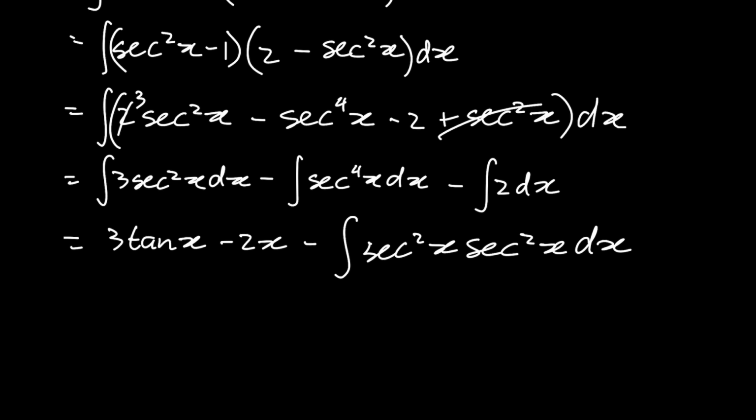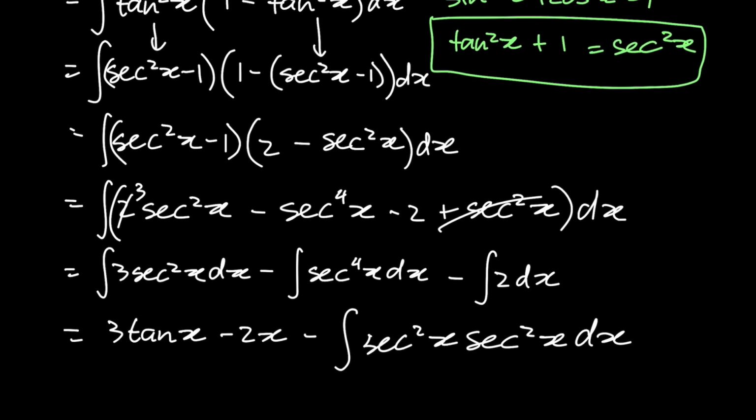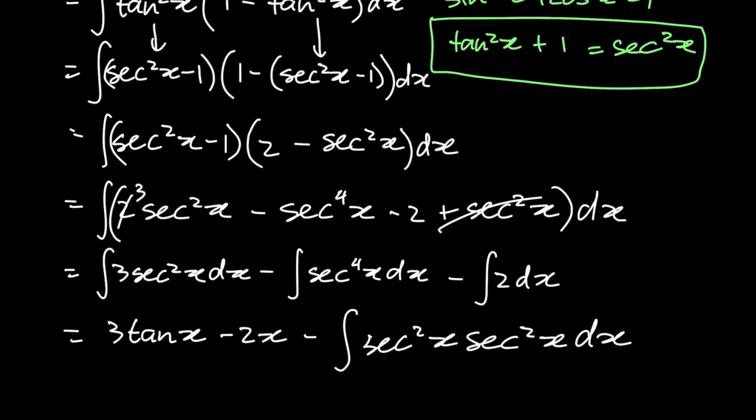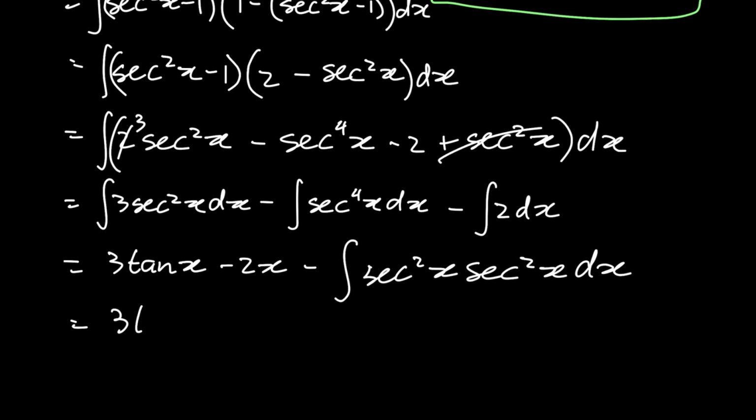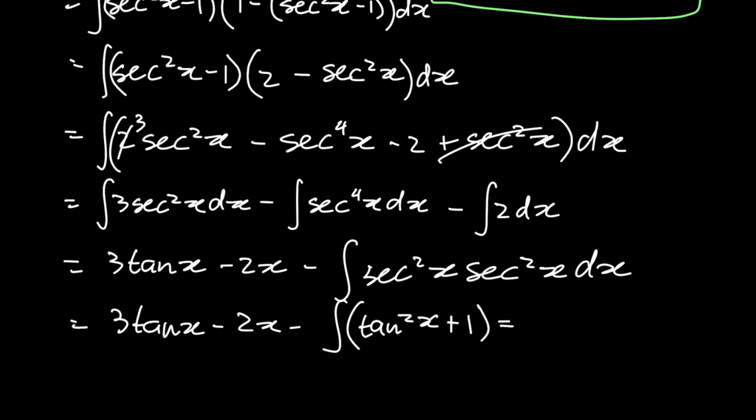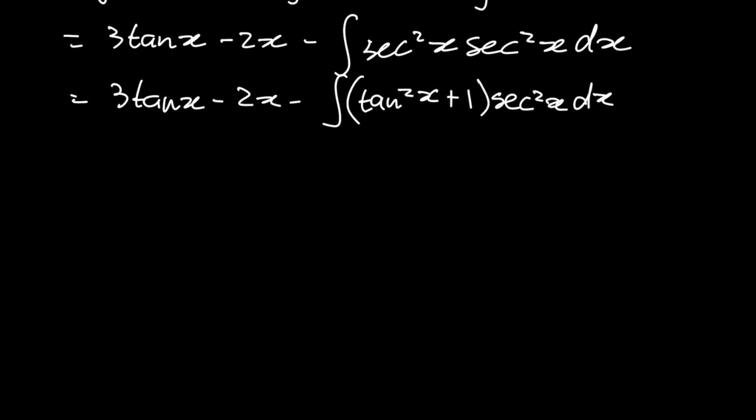Alright, now what I'm going to do is convert one of these secant squared of x back into its tangent form, which is tangent squared of x plus 1. So, of course, we still keep these terms. And I'll convert this one, so we get tangent squared of x plus 1 times secant squared of x. Okay, now we're going to make a u substitution.